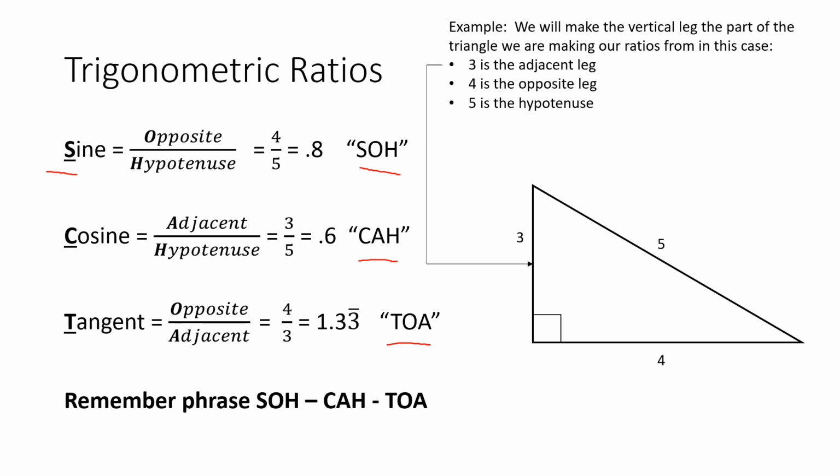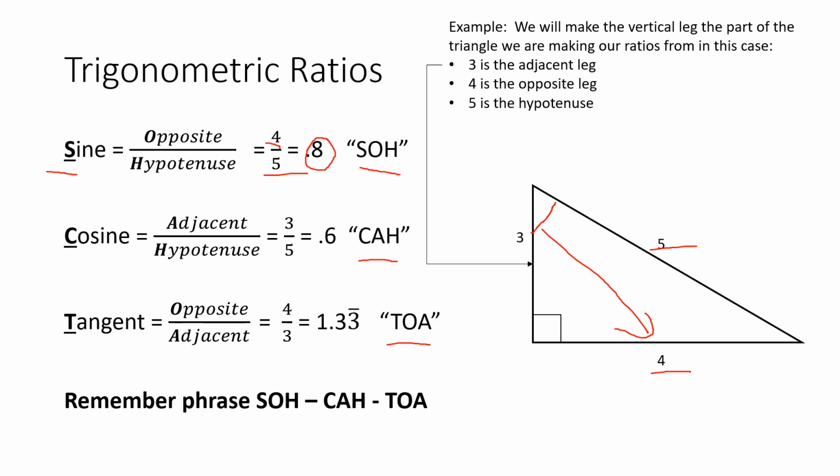What I'm looking at is this angle right here. The sine is the opposite of this angle. So it's 4 for the opposite side and 5 for the hypotenuse, 4 out of 5, and that equals 0.8. That is my sine of this angle right here.